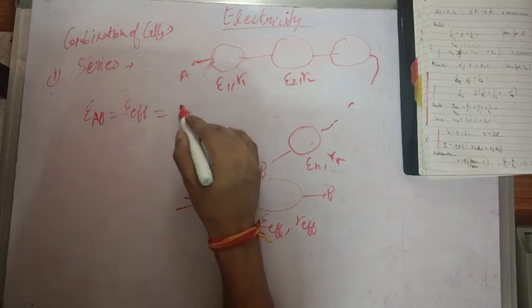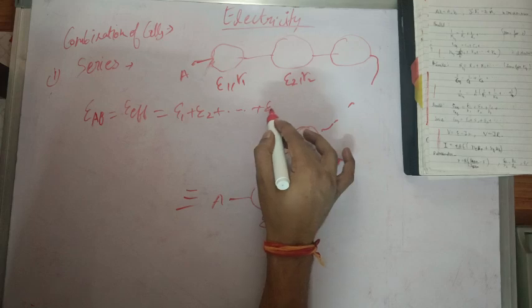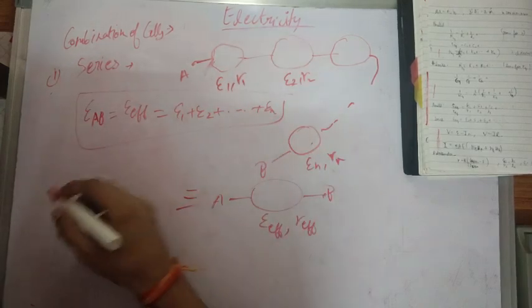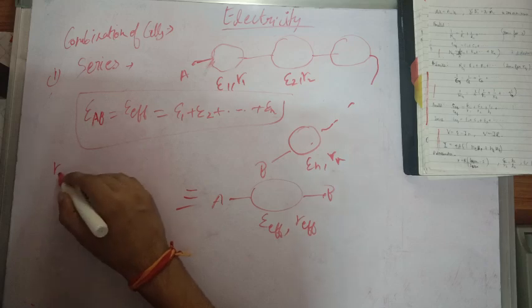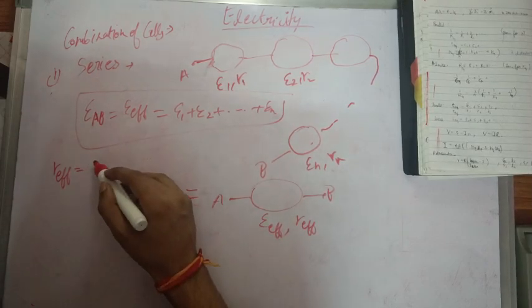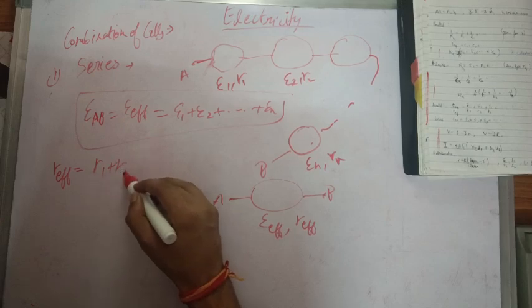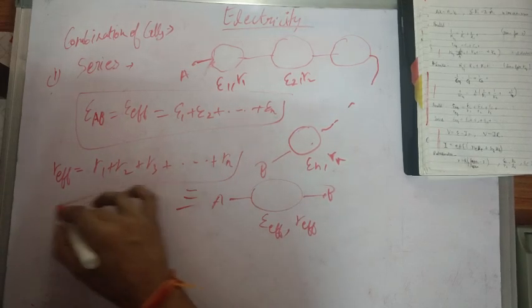This is given by E1 plus E2 plus dot dot dot plus En, and the effective internal resistance can be given by R1 plus R2 plus R3 plus dot dot dot plus Rn.